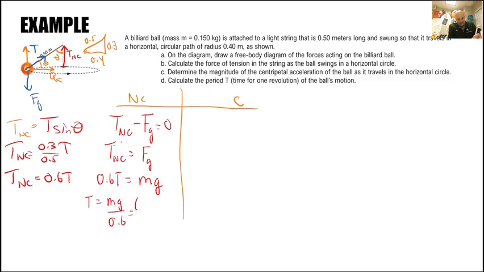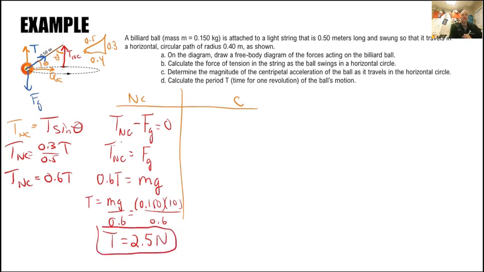They tell us it's 0.150, we'll multiply that by 10 over 0.6. Sorry, I don't have my notes for this to just tell you the answer, but I got to do a quick calculation. All right, so the tension in the string is going to be 2.5 newtons. So that is our answer to part A.